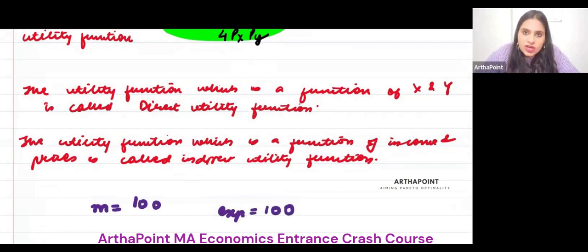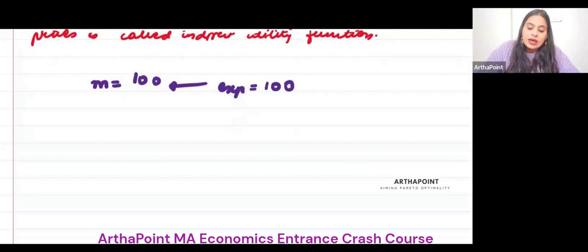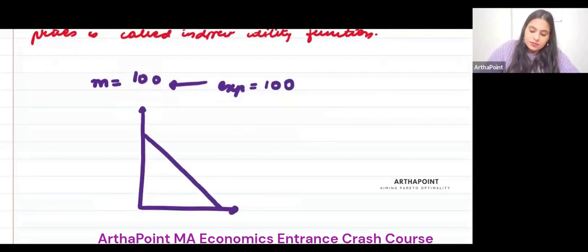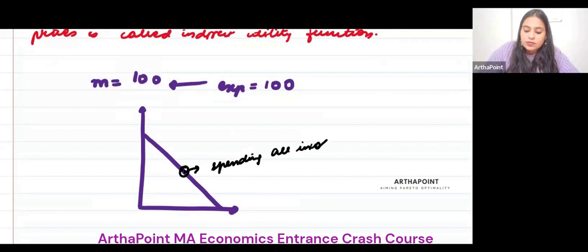I can't spend more than that, no? So expenditure maximum can be equal to the income of the consumer. If the consumer is on the budget line, that means he is spending his entire income. If he is below the budget line, he is spending less than income.